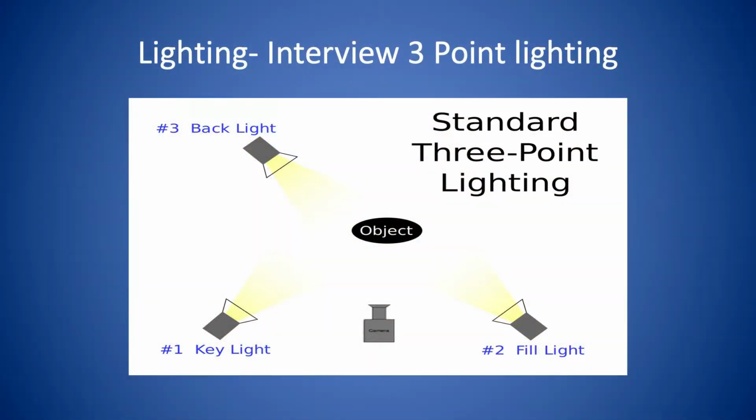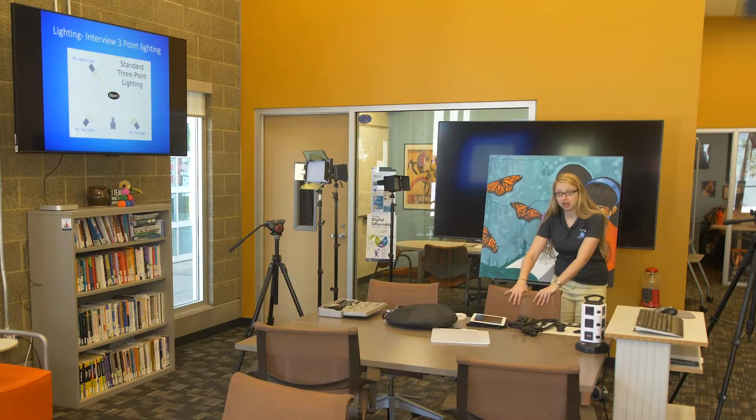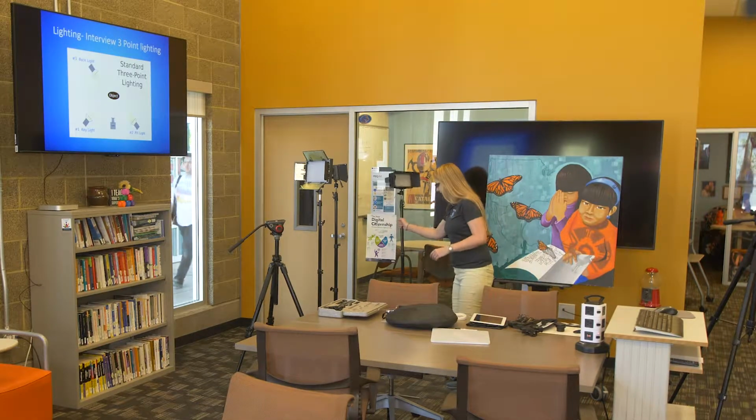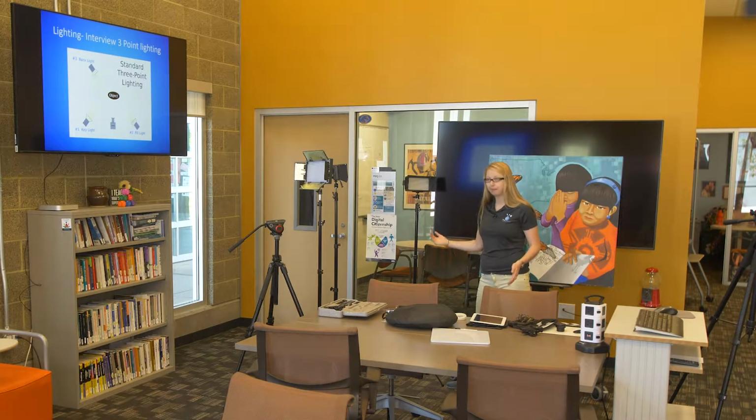Let's say you want to have more of an interview shot. This is going to be using 3-point lighting. Typically with 3-point lighting, let's say this particular chair is going to be our subject. You would then put one light about 45 degrees behind them.